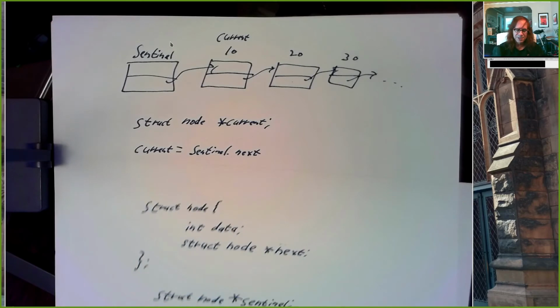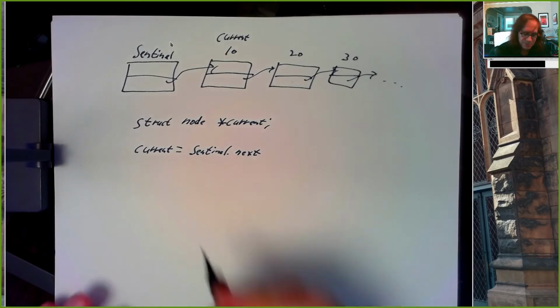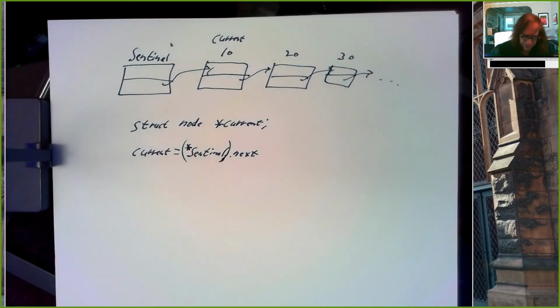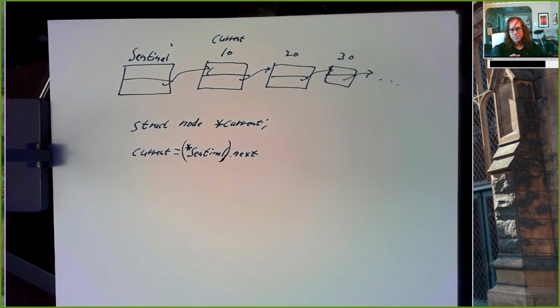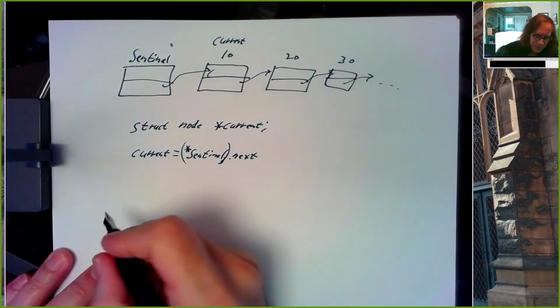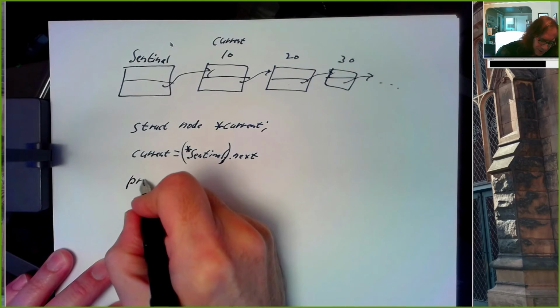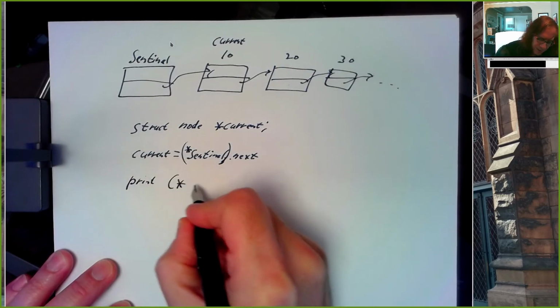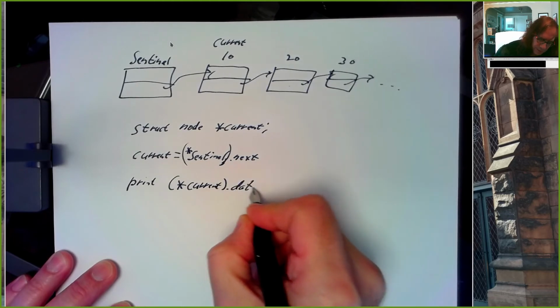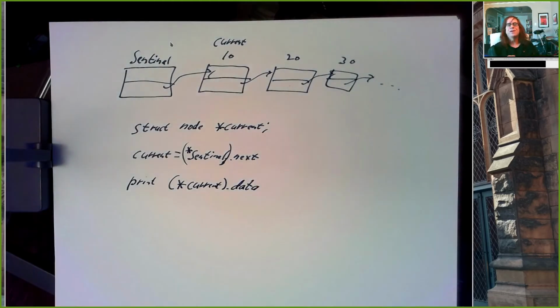So if sentinel is a pointer to a struct node, then this becomes the thing pointed to by sentinel. Take the next field. So now current is the address of this block. To print out the data field, what do we print? Take the thing pointed to by current, grab the data piece of that structure and print that out.